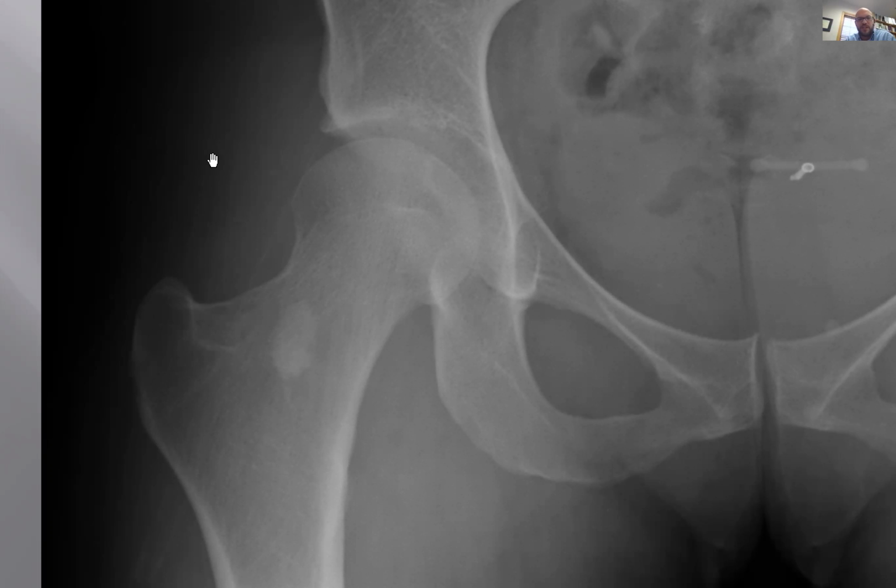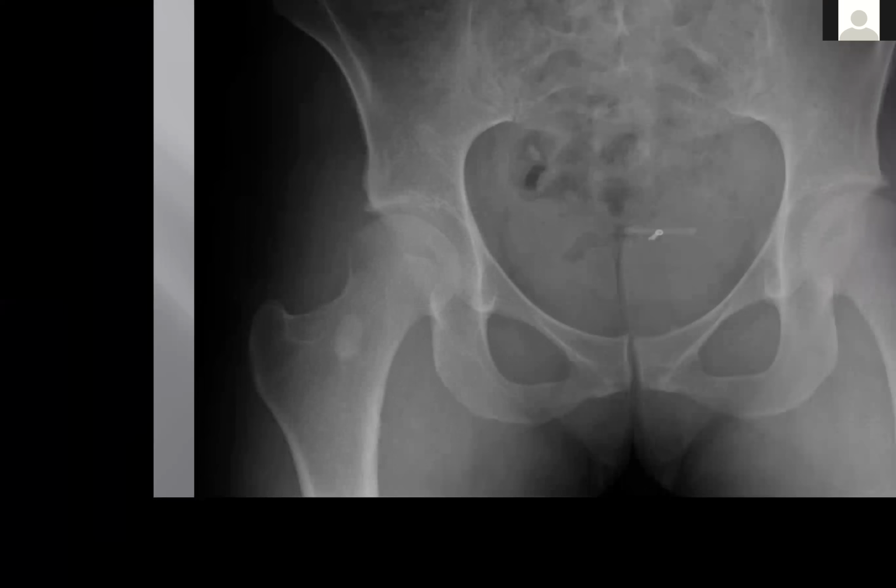Homogeneous radiopacity. Look at the edges of it. Are they really, really smooth, or do they have some irregularity to them? Just a little, what do you think? Smooth. Very smooth. Couple of votes for smooth. Anybody else? Well, I would say minimal irregularity. I mean, it's not a classic aggressive line, but it's certainly not expansile by any means.